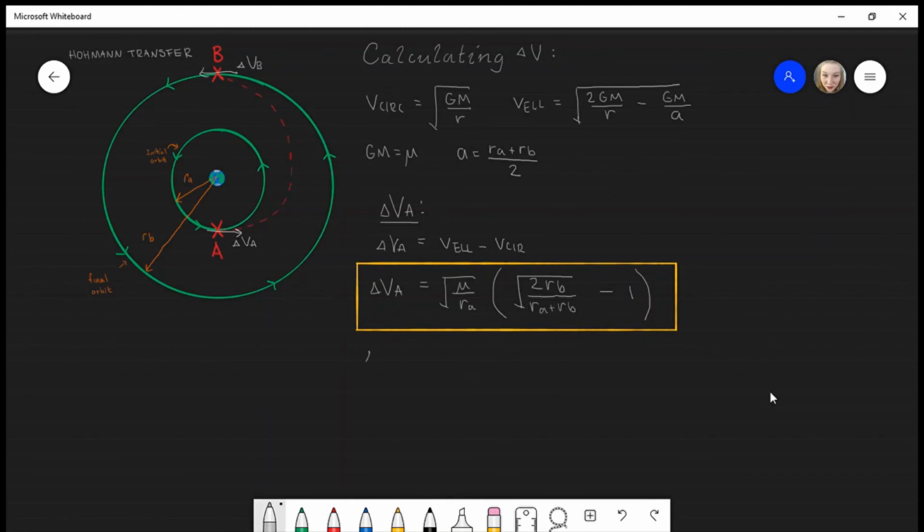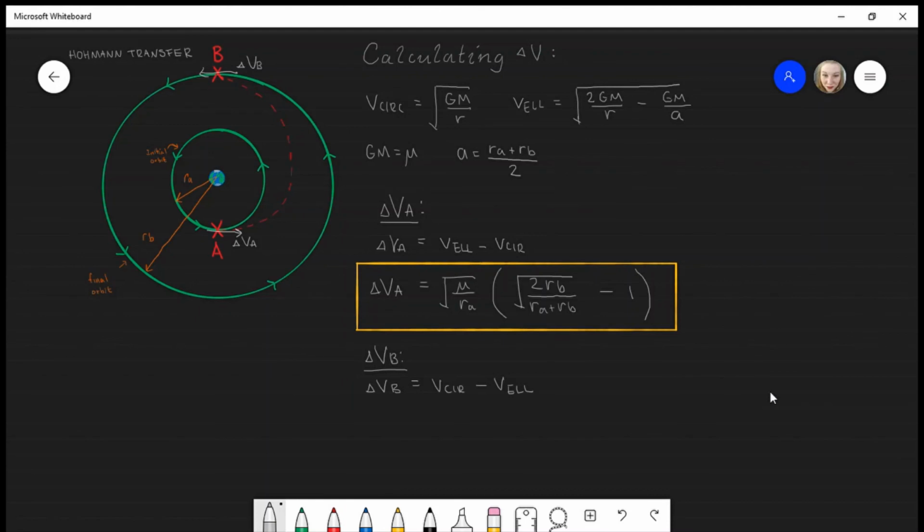We can do the exact same for delta VB. However, delta VB, instead of being the velocity of the ellipse take away the circle, because the final circular velocity is higher than the transfer ellipse, we take away the ellipse velocity from the circle. And instead of being RA, it will be RB.